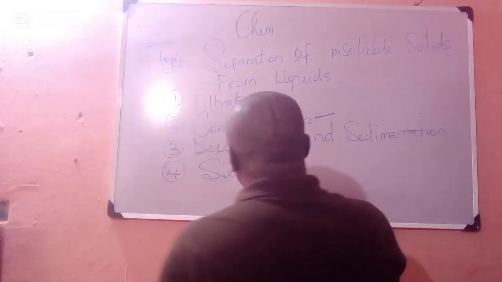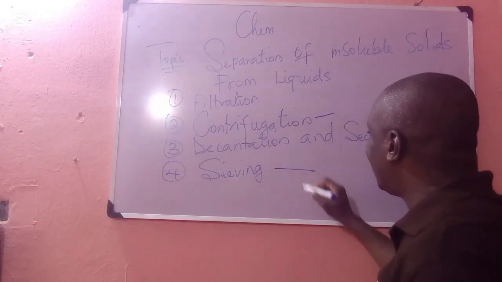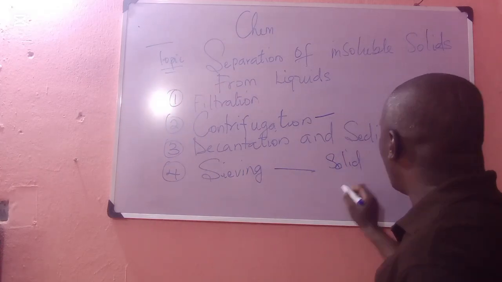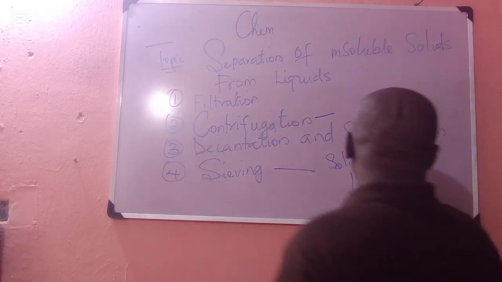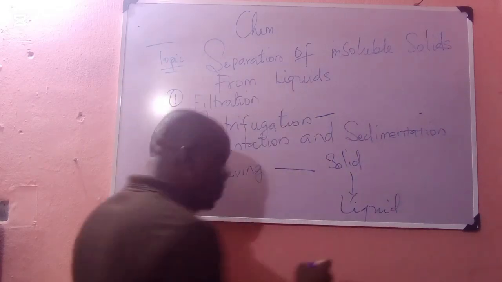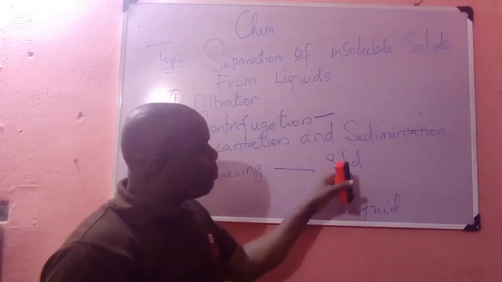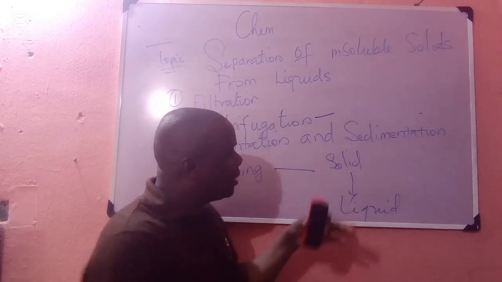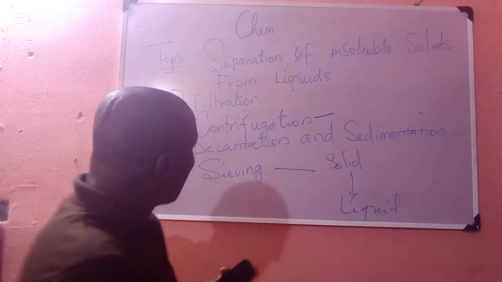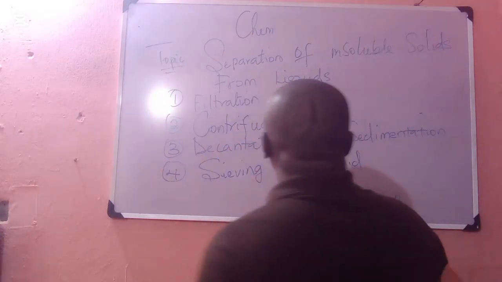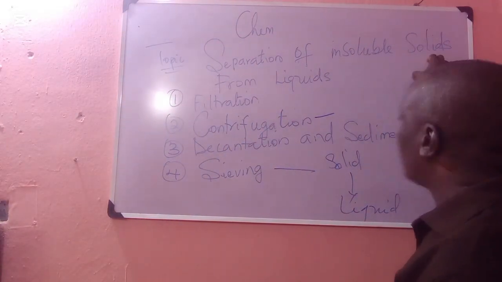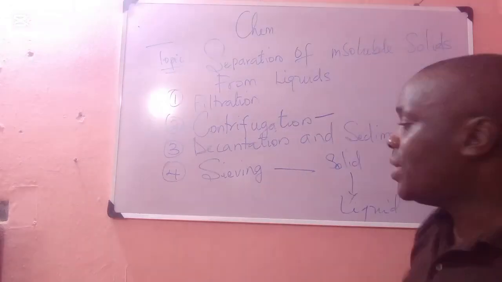At the end, you will see that on the sieve material you have the solid on top, and the liquid goes down. So we've separated the solid from the liquid. These are various methods used in separation of insoluble solid from liquid.